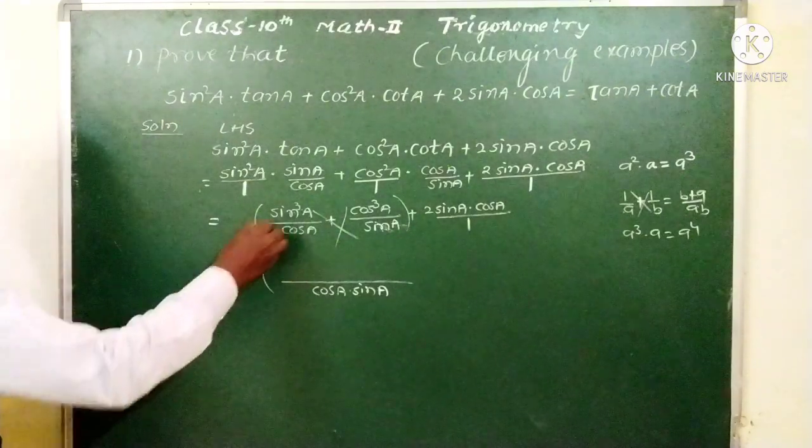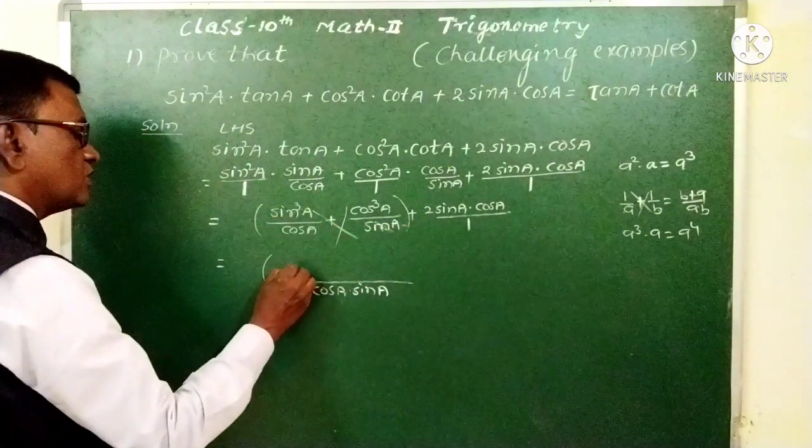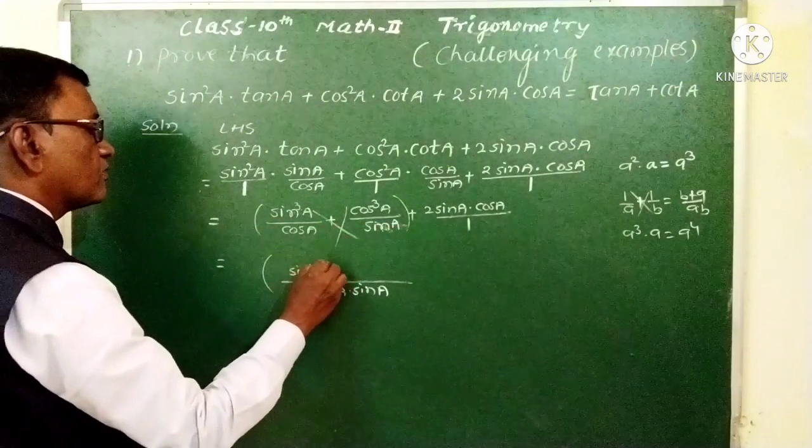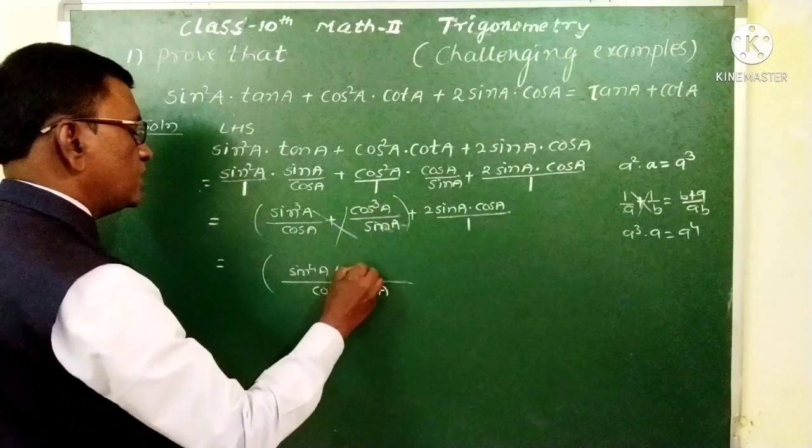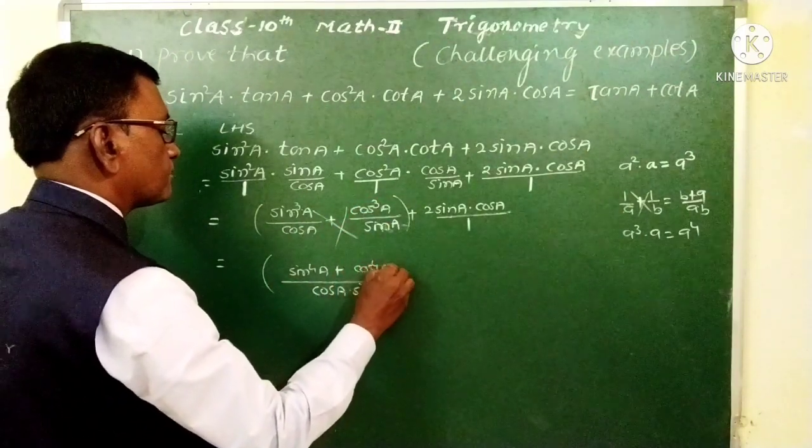In this way, sin cube A into sin A is sin 4A. Cos A into cos cube A is cos 4A.